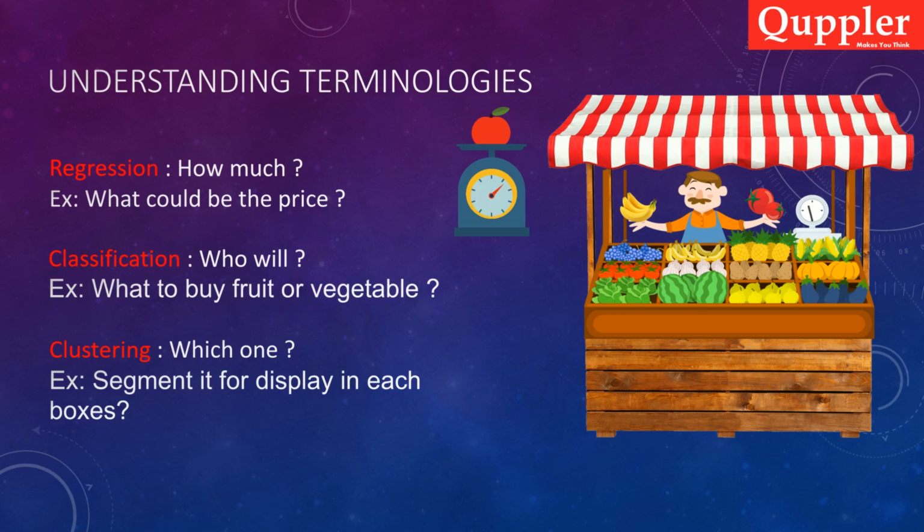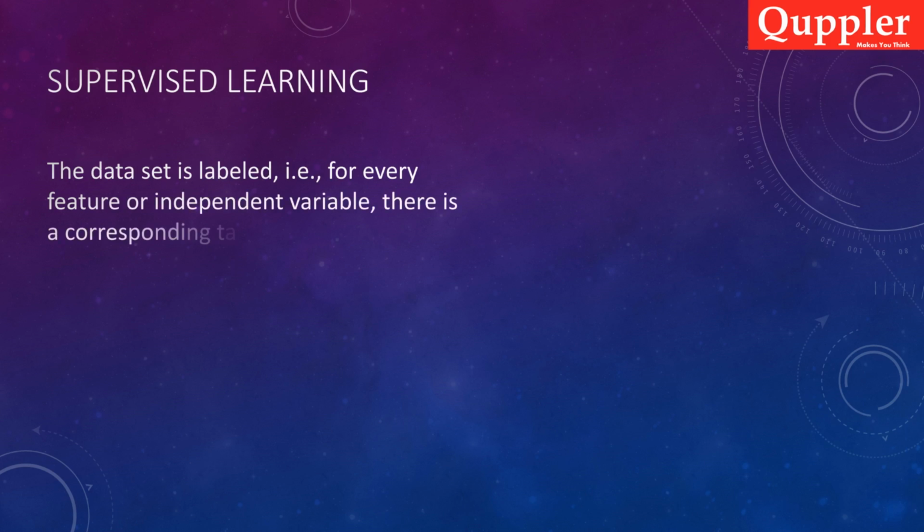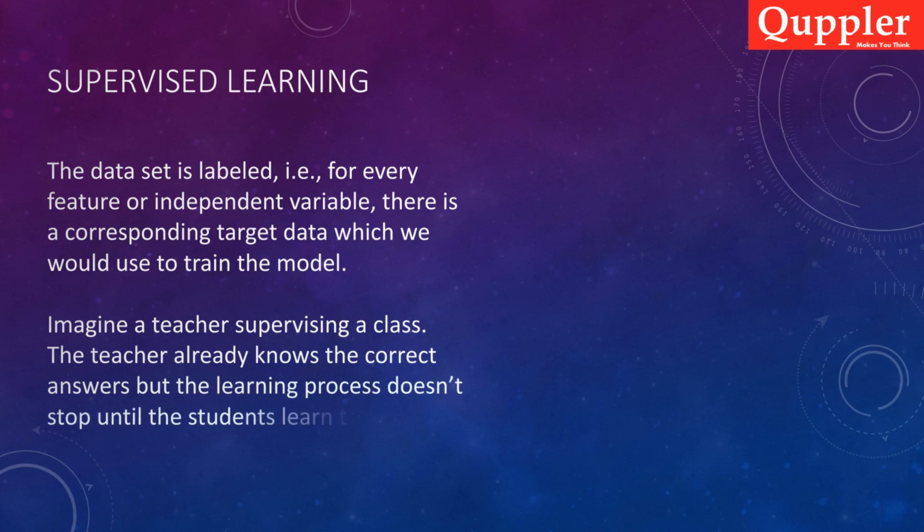All right. Moving ahead, first is supervised learning. In supervised learning, the data set is labeled for every feature or independent variable, and there is corresponding target data which we use to train the model. For example, imagine a class where the teacher has to teach a student.